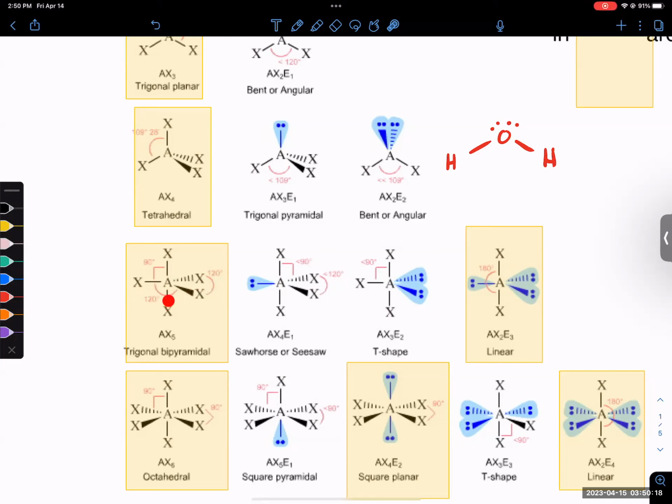If you put a lone pair on one of the equatorial atoms, it is 90 degrees to only 2 atoms, because it would be 90 degrees to each of these atoms. But if you put the lone pair on, say, the axial position, it would be 90 degrees towards 3 different atoms. So it's all about VSEPR and that stuff.